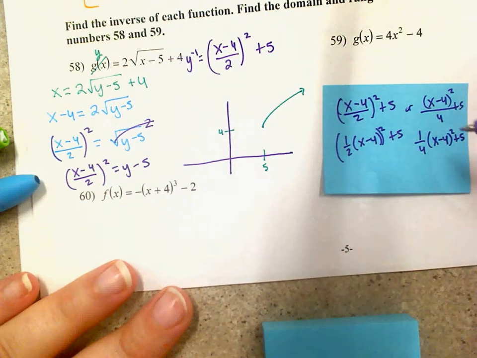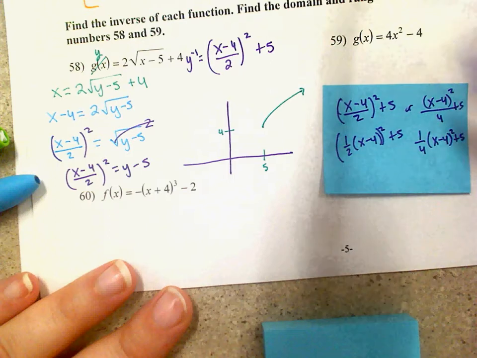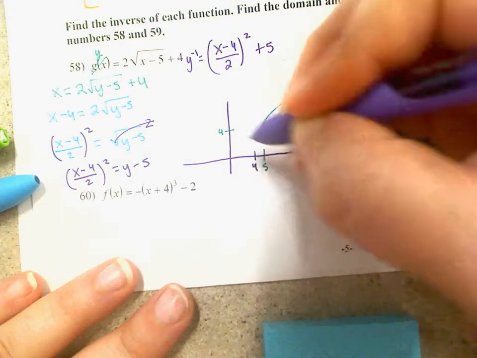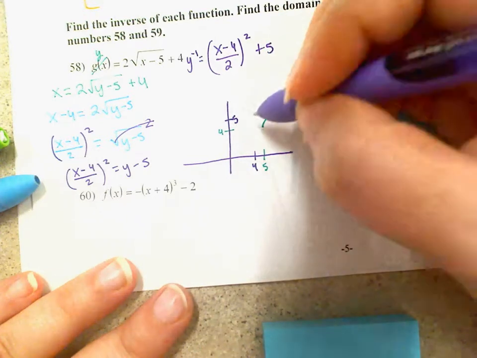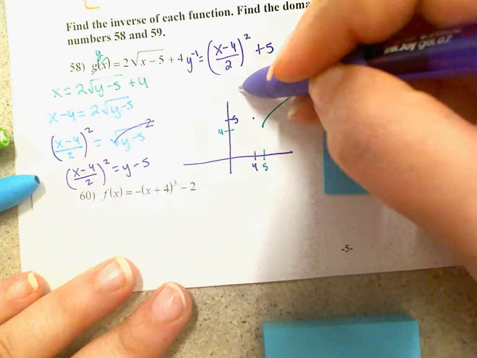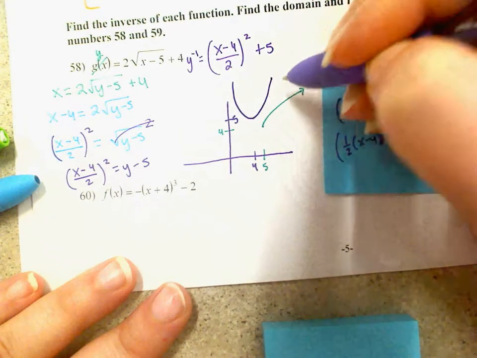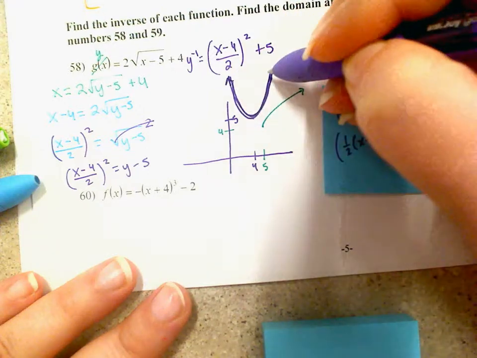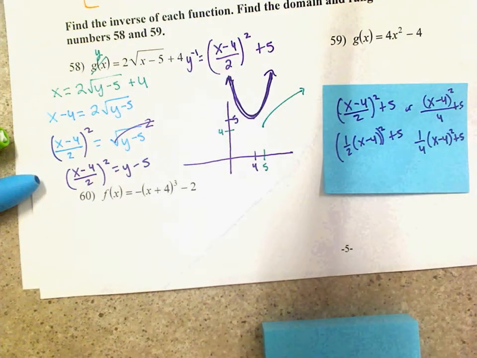It's a parabola shifted to the right 4 and up 5. Now normally parabolas are a full shape like this. But we're talking about a reflection of only this part.